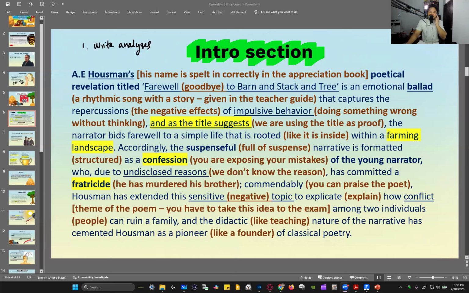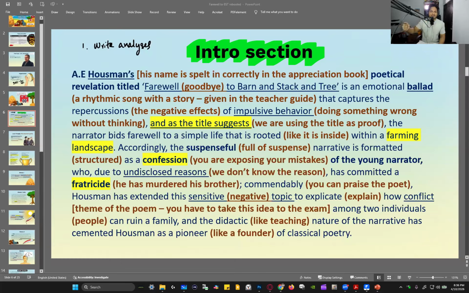So if you like, you can do a small bit of cheating and memorize this intro section. Don't worry, I'll explain this intro section very meticulously. But if you want, you can memorize it.